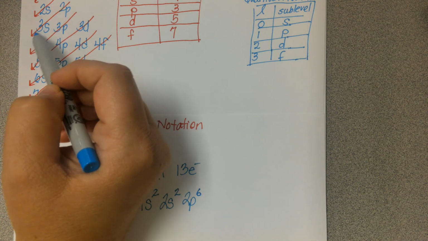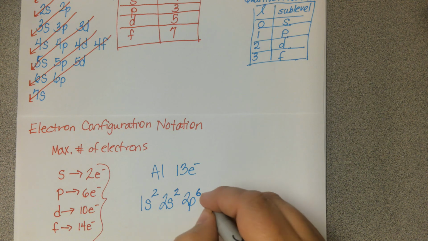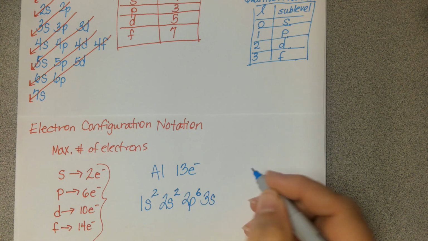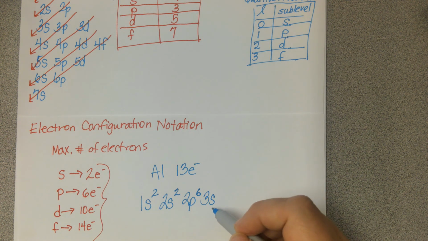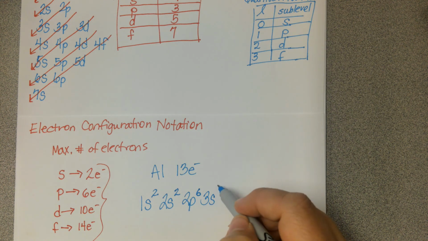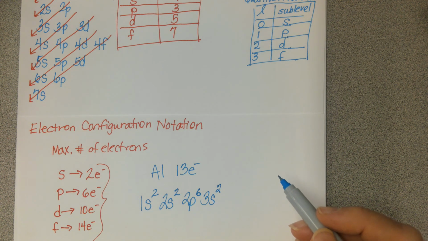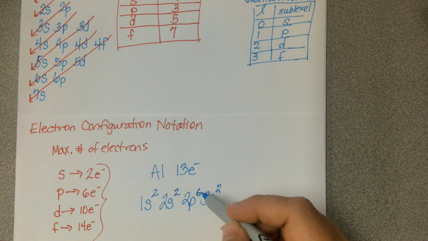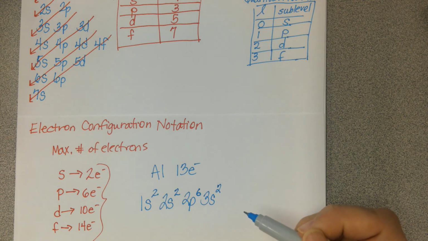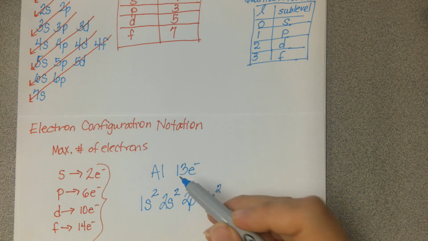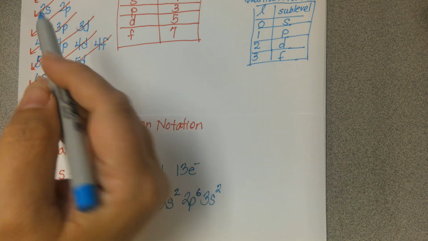After 2p is 3s. And so 3s, s sublevels with 1 orbital, 2 electrons. Now I have 2 plus 2 plus 6 plus 2, so that is 12 electrons. I need 1 more to make my 13.